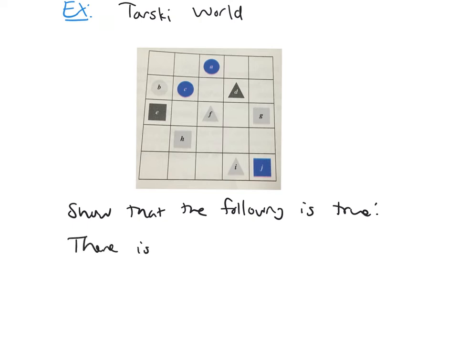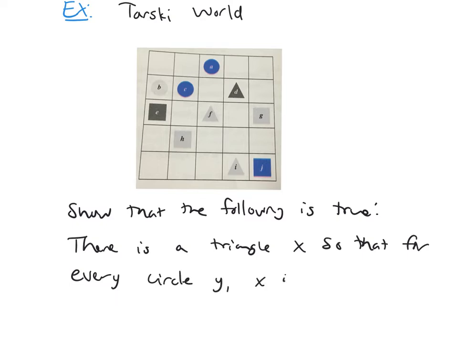There is a triangle X so that for every circle Y, X is to the right of Y.